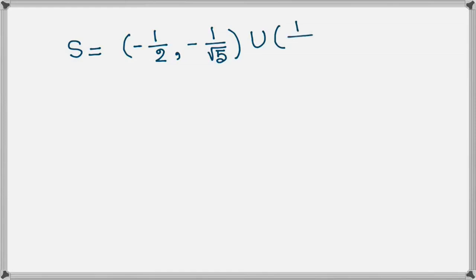So the set S is equal to the open interval minus half to minus 1 by square root of 5, union the open interval 1 by square root of 5 to half.